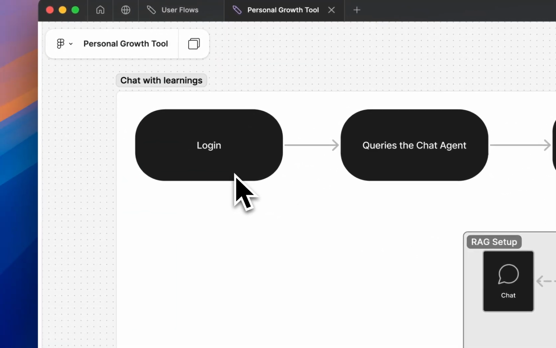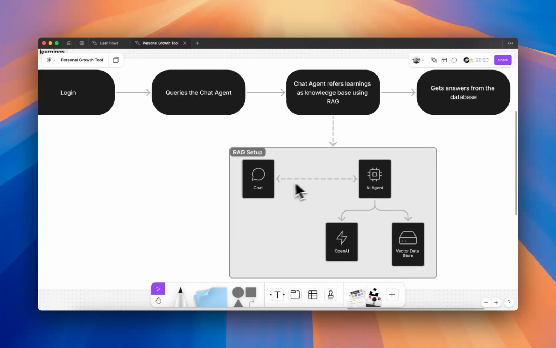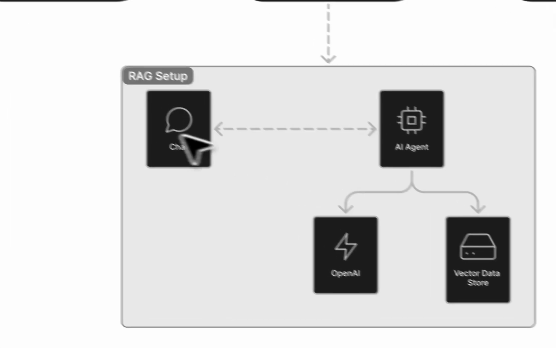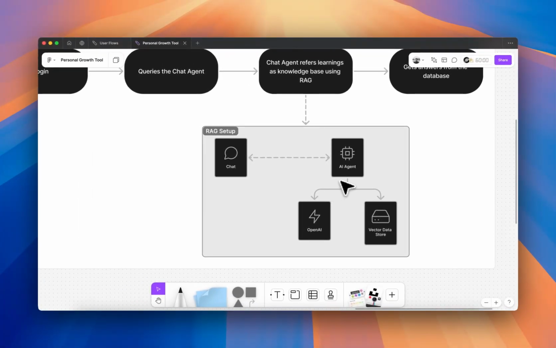And then the second one is this. So this works with a RAG setup. A RAG setup is where you can basically chat with an existing knowledge base, and that knowledge base contains an AI agent that is connected to an OpenAI API.